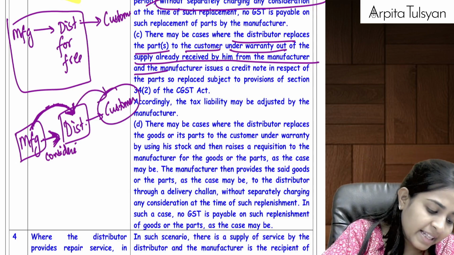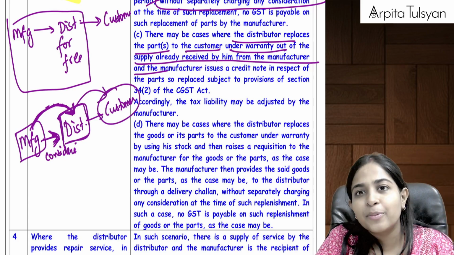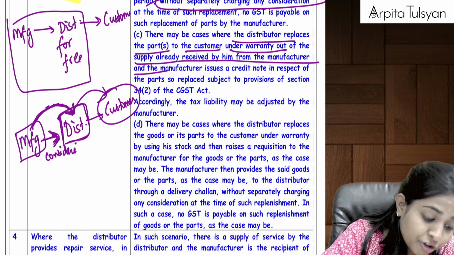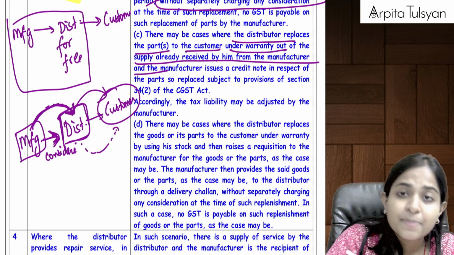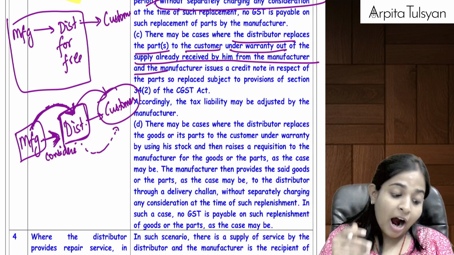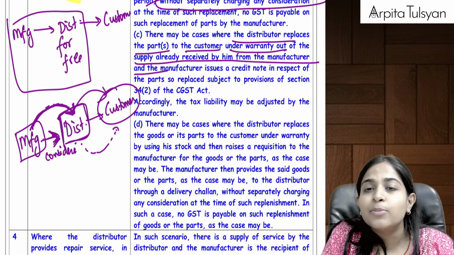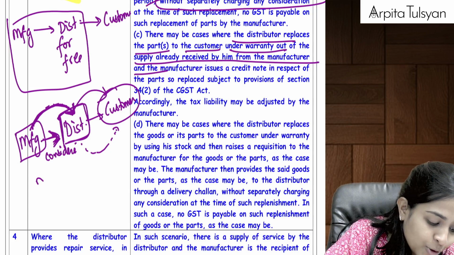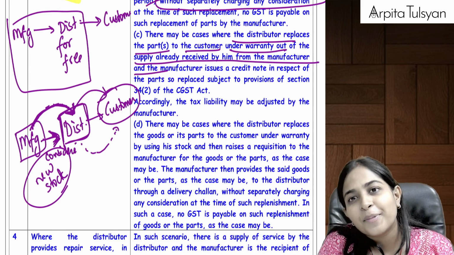So can we say the part is already kept with the distributor? Yes, the part is already kept with the distributor. Now distributor is going to do the replacement for the customer. From where will the distributor do the replacement? Can we say from the new stock of remotes which we had already received from the manufacturer?